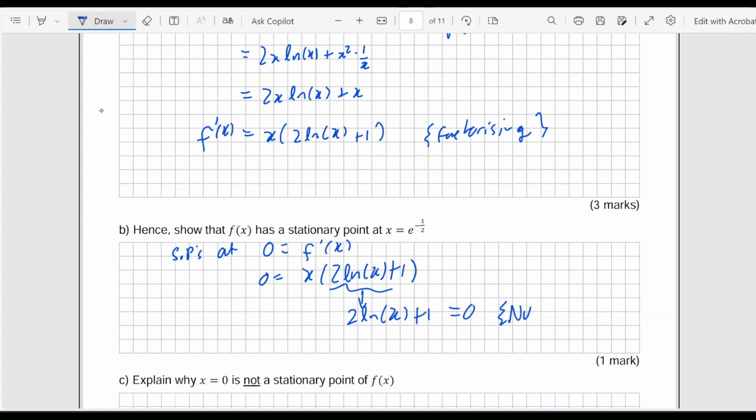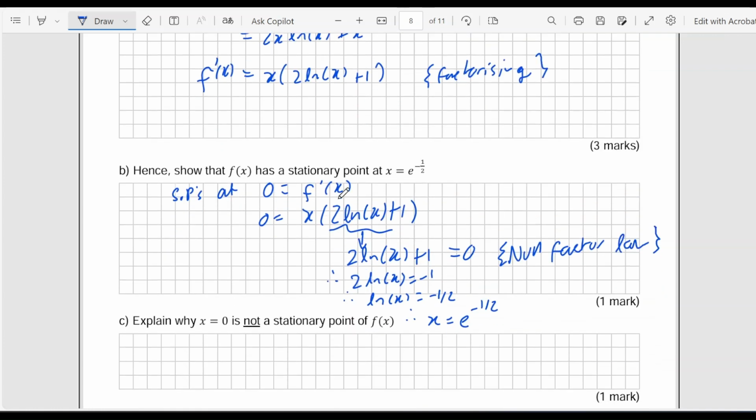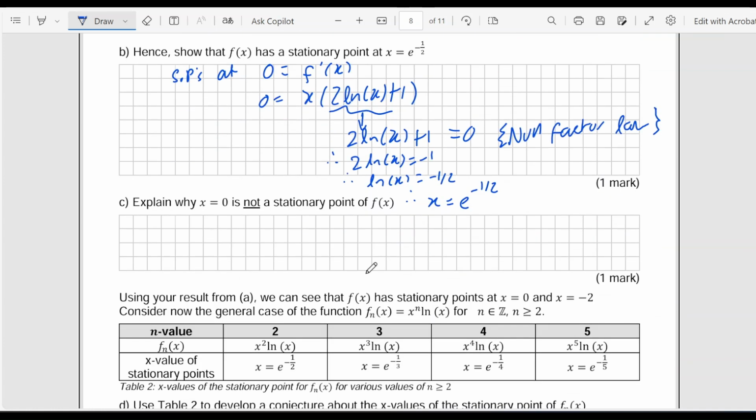This is the null factor law. Therefore, 2 log of x is minus 1. Therefore, log of x is minus a half. Therefore, x is e to the minus a half. And since it's a 1 mark question, even though it's a show that, that's pretty good. That's enough working for a mark.